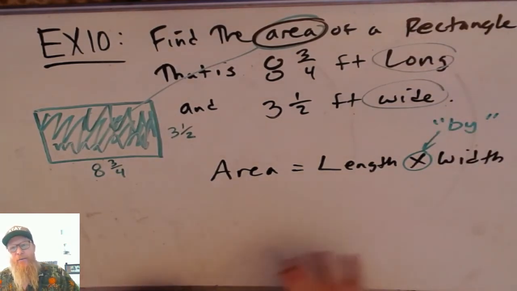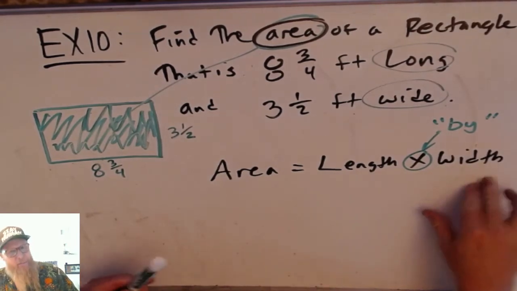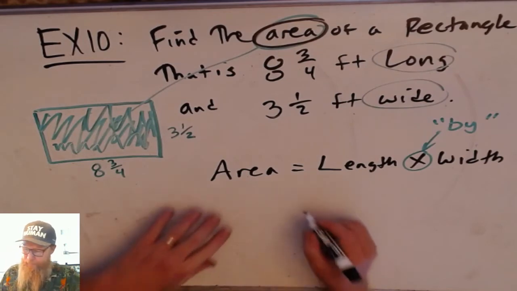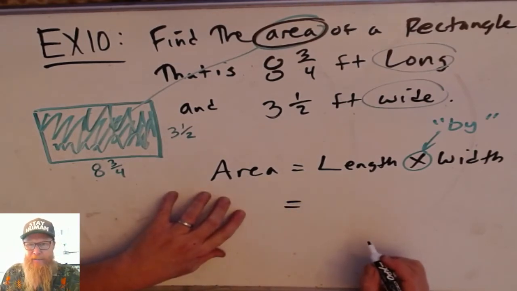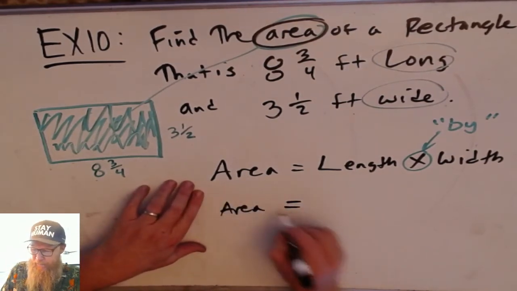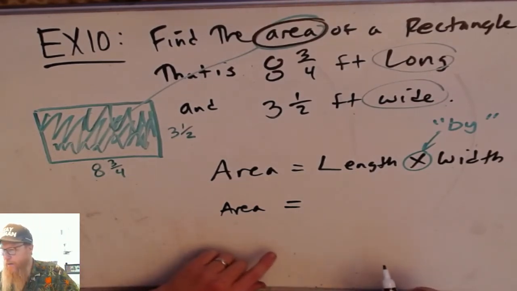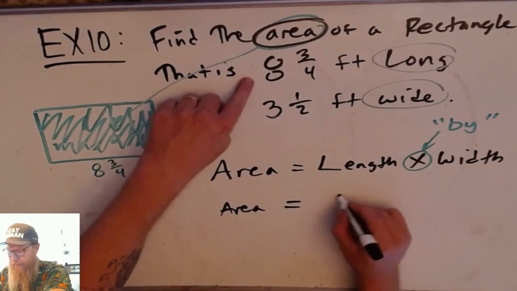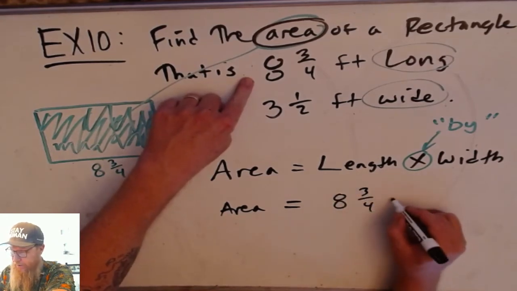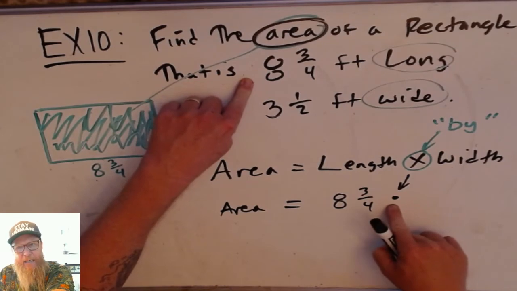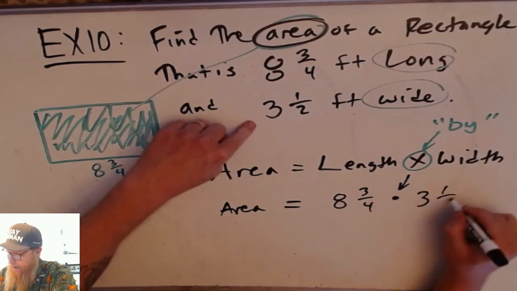So length by width. It's the product. All right, so the area, you could also just use the letter A for area. Length is 8 3/4. I'm going to use a dot for by, and then 3.5.